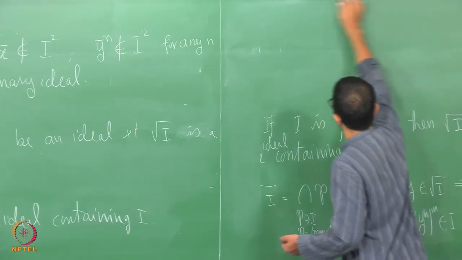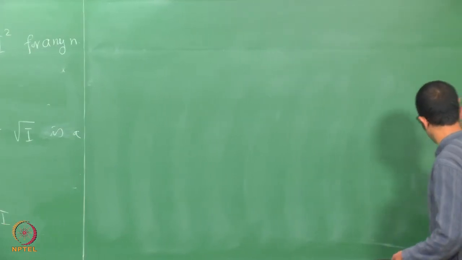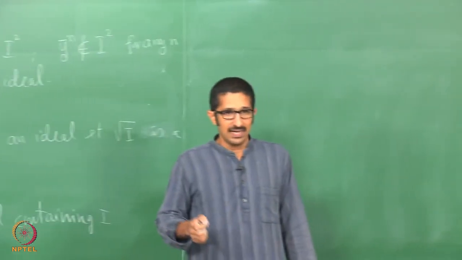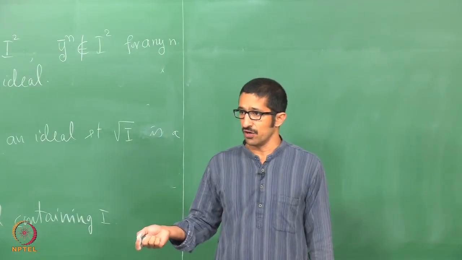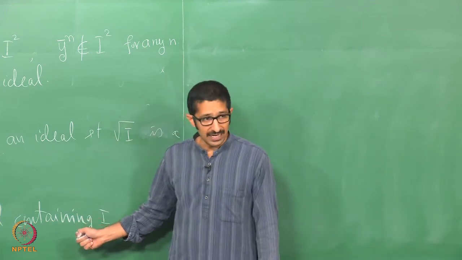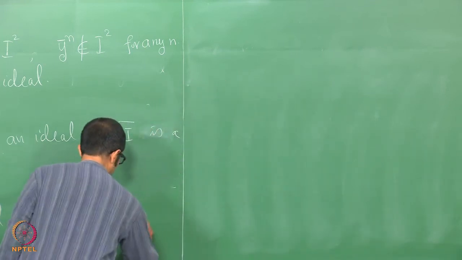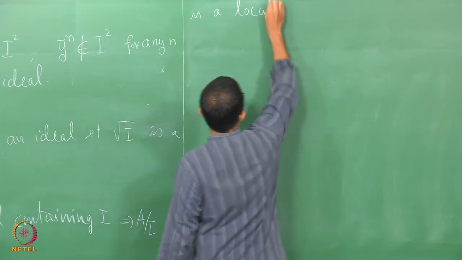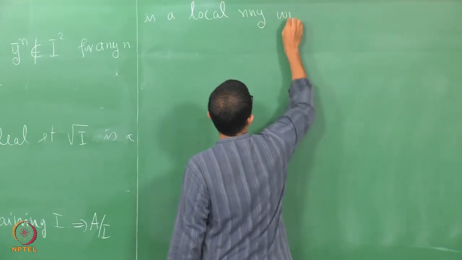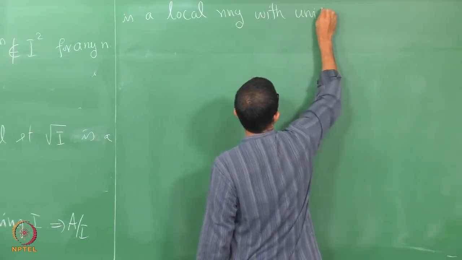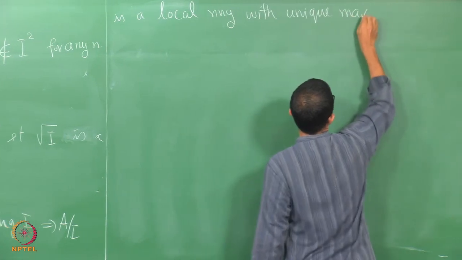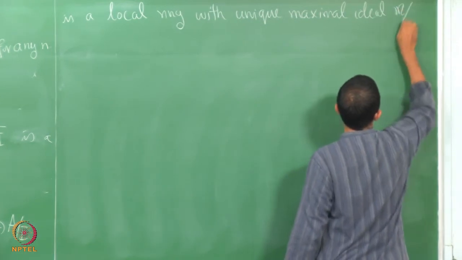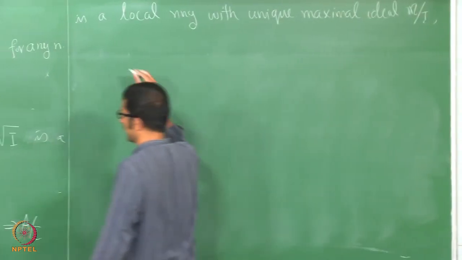What does that say? Look at the elements of A mod I. Either they are units or they are in M mod I. So, this implies A mod I is a local ring with unique maximal ideal M mod I. What is M here?